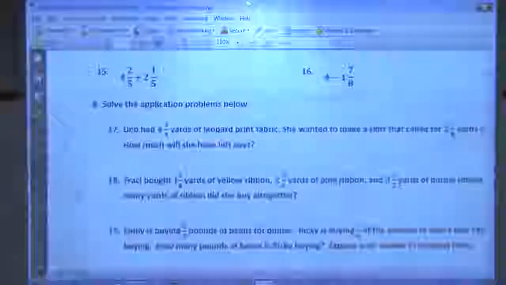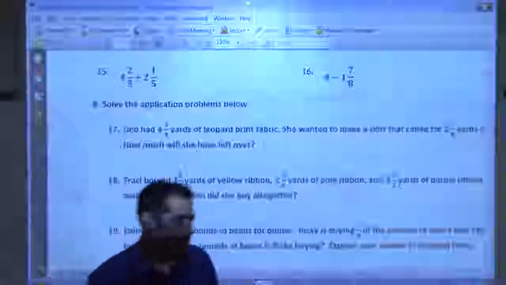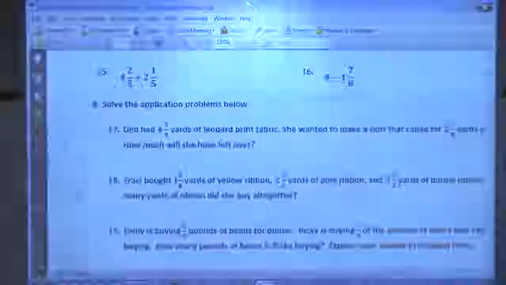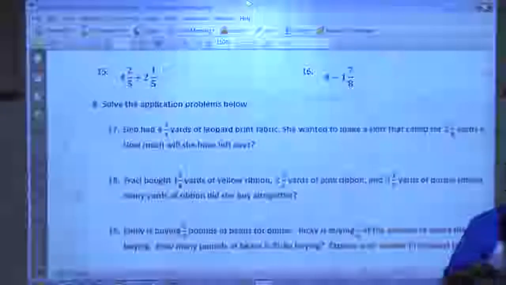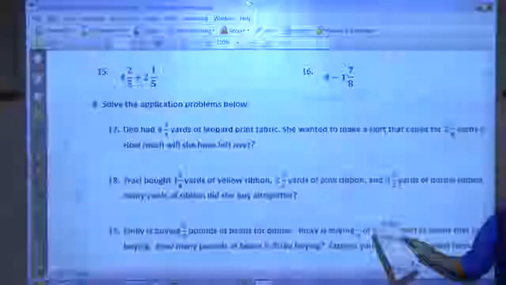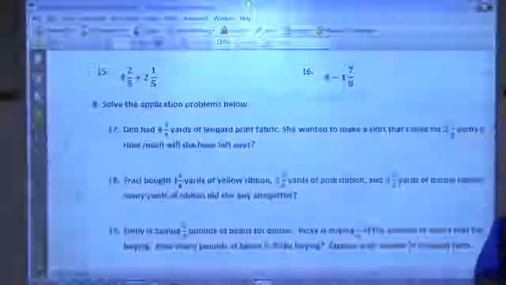Okay, so we do have an exam. Did they all get passed around? Everyone got one? We do have an exam. It's on Wednesday. Now, normally I would give you a review a little earlier than this, but this first exam is over review topics. So if you've been doing your homework, everything on the review is going to line up with what you've been doing for homework.